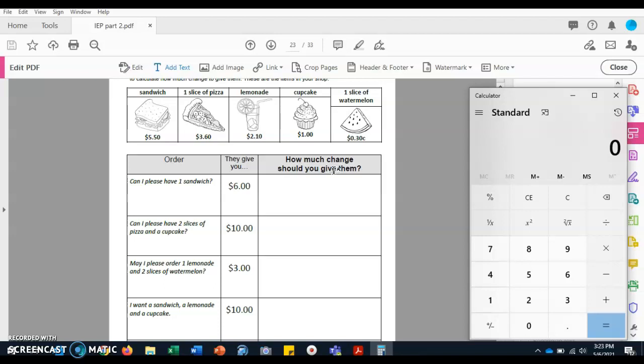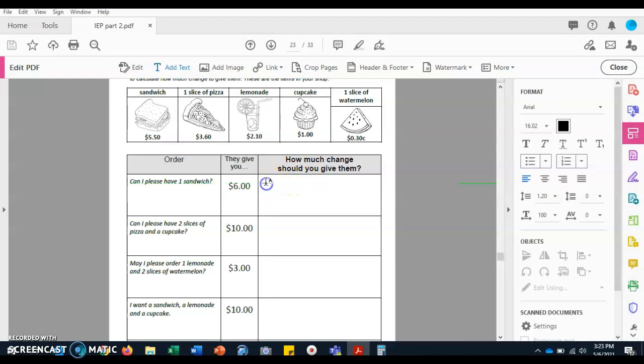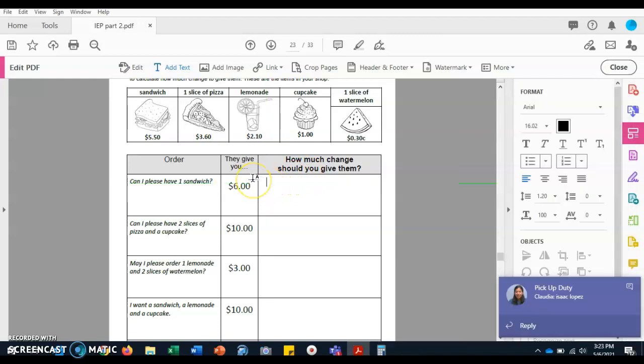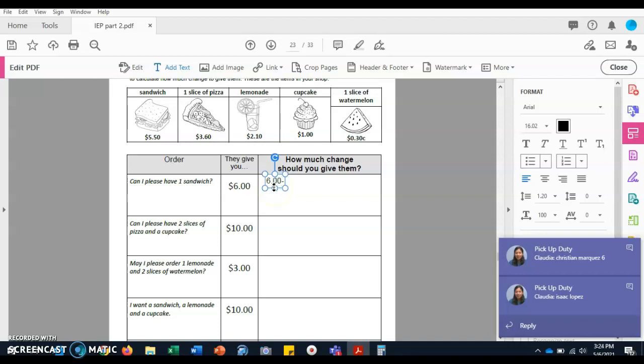So to start off, what math operation are we going to use? Are we going to add? Are we going to subtract? Are we going to multiply or divide? Yes, good job. We're going to subtract because that's how we are going to know how much change to give your customer. So to start off, they gave you $6.